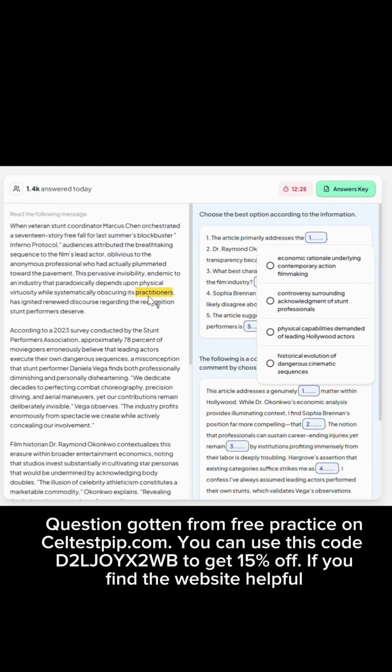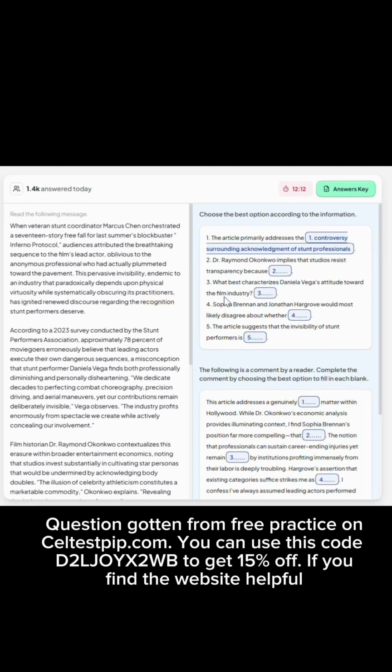You always see it here in the first sentence. So after reading, I go straight to picking my answer, which is the second option. You can see in the passage, controversy surrounding the stunt professional is on that last line, although it was paraphrased.